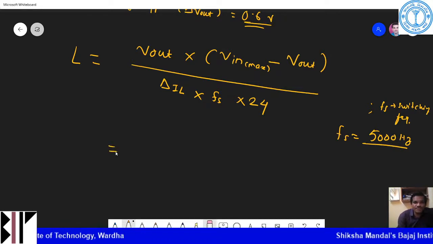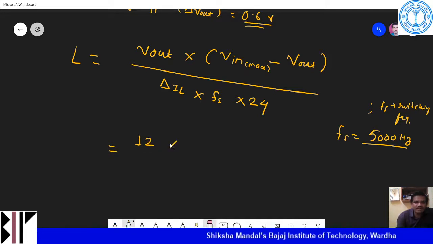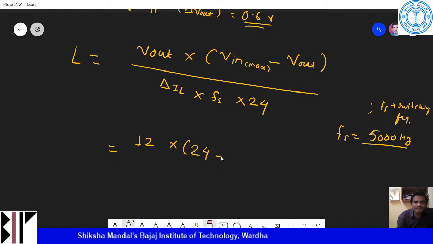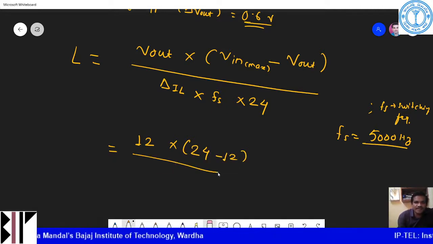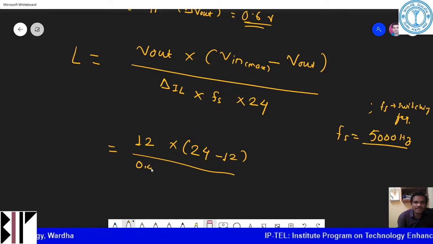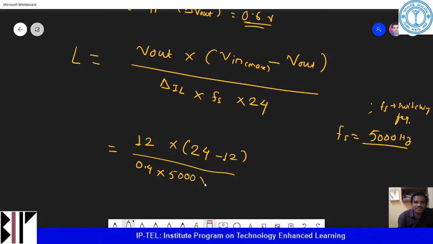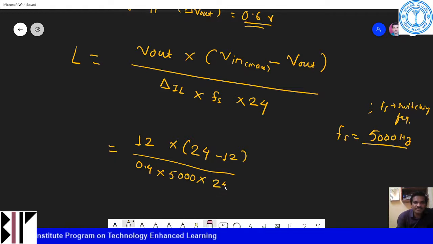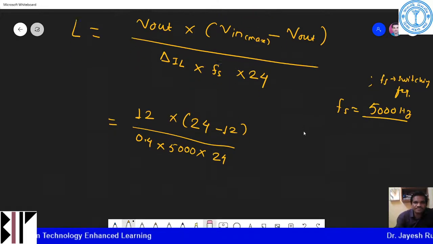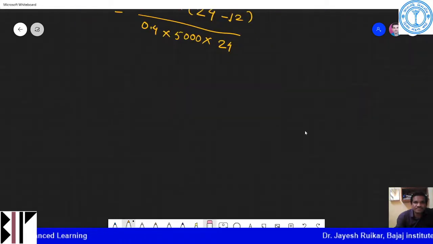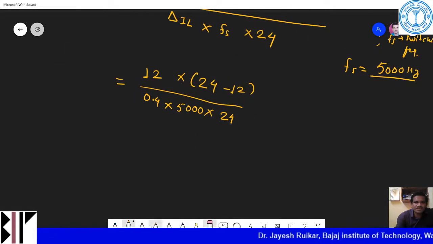We'll put in all the values. V out, my output voltage, is 12, multiplied by V in maximum, so maximum will be 24, minus V out, 12, divided by delta IL that we have calculated, 0.4, multiplied by switching frequency 5000, multiplied by V in max.